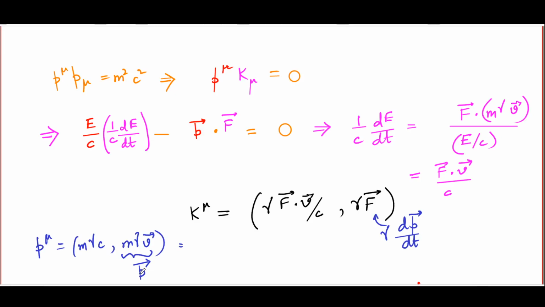One important point is there is no experimental way to distinguish between the possibility that gamma f is the spatial part of K and the possibility that f is the spatial part of K. At least not from low velocity experiments, because at low velocities gamma is 1, so you cannot distinguish between the two. So classical pre-Einsteinian physics does not come to our rescue here.